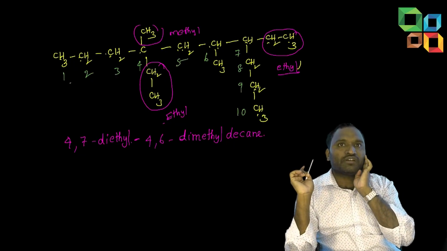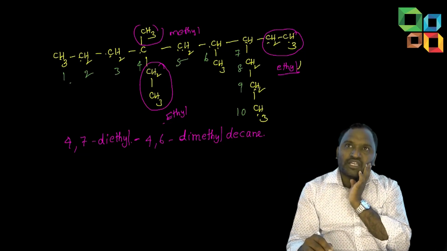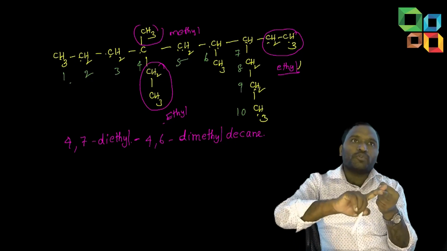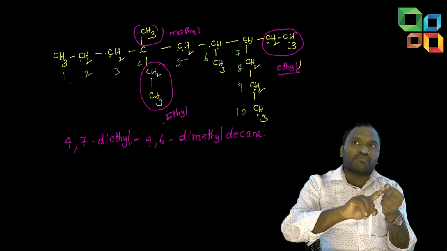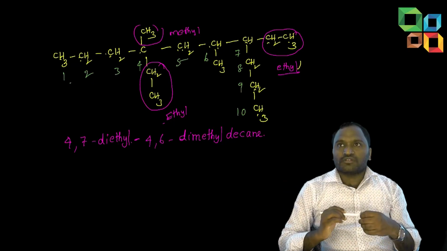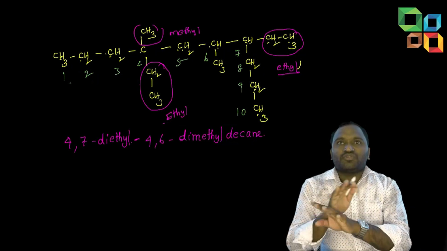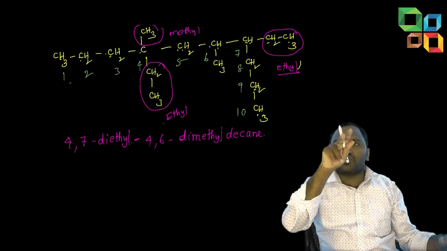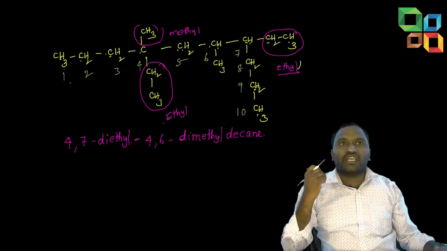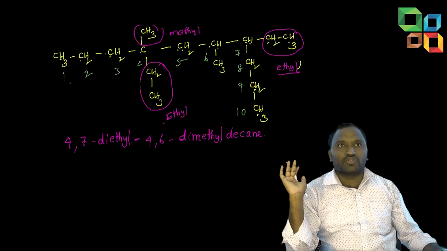Hope you understood what I said. In that case also, 4 you have to repeat 2 times. 4,4 diethyl. Never write just 4 dimethyl. If you are writing di, it means 2 numbers should be there in front of di. Otherwise, this name will be wrong. Don't kill the compound.